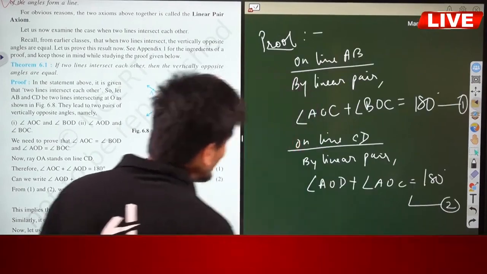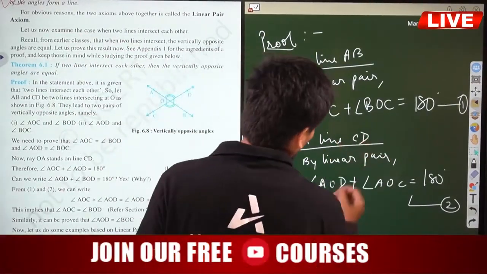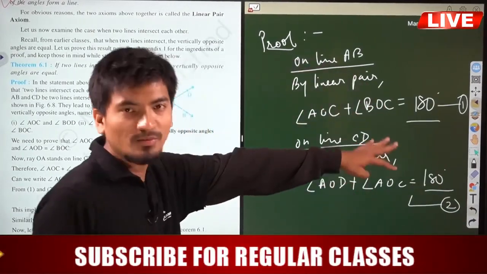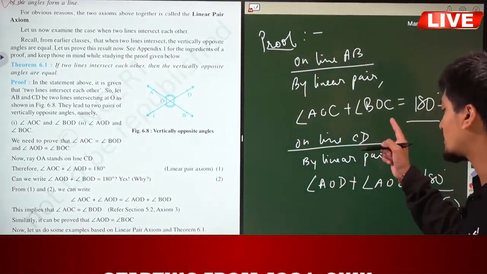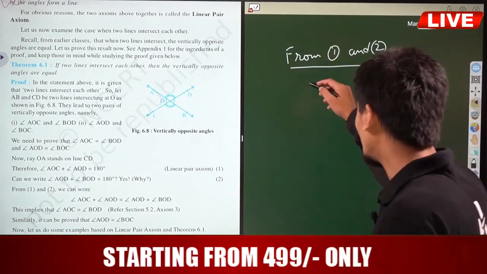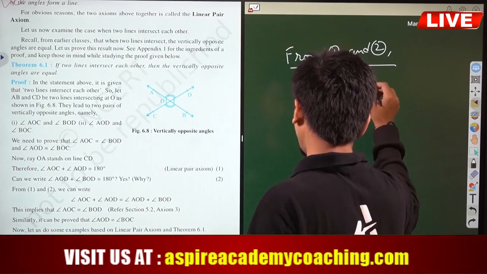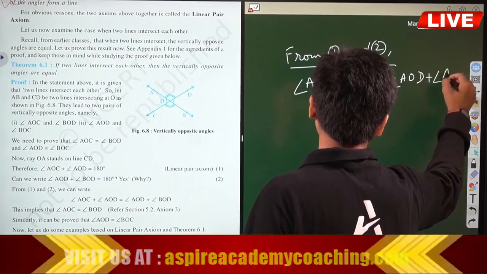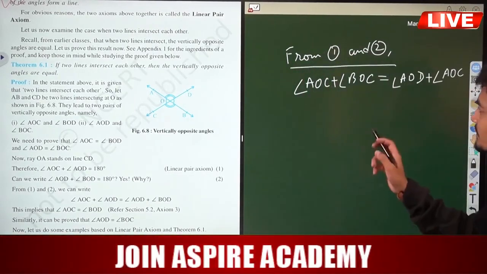what can we do from 1 and 2? See here, angle AOC plus angle BOC equals 180 degrees, and since the right hand side has 180 degrees in common, we can write angle AOC plus angle BOC is equal to angle AOD plus angle AOC. Now AOC is common on both sides, so we cancel it out, which leaves angle BOC is equal to angle AOD.